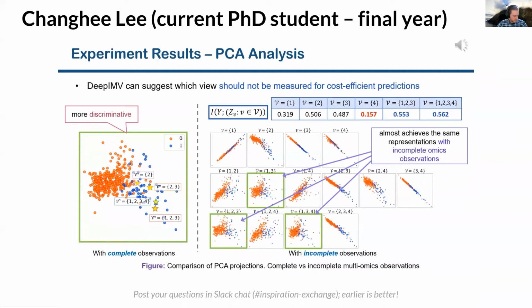Moreover, the other views jointly provided almost the same amount of information when compared to what the complete views can provide. This can be visually confirmed in the figure such that these 2 cases had very similar PCA projections. These results highlight that our method can suggest which views should not be measured for cost-efficient predictions for new samples.